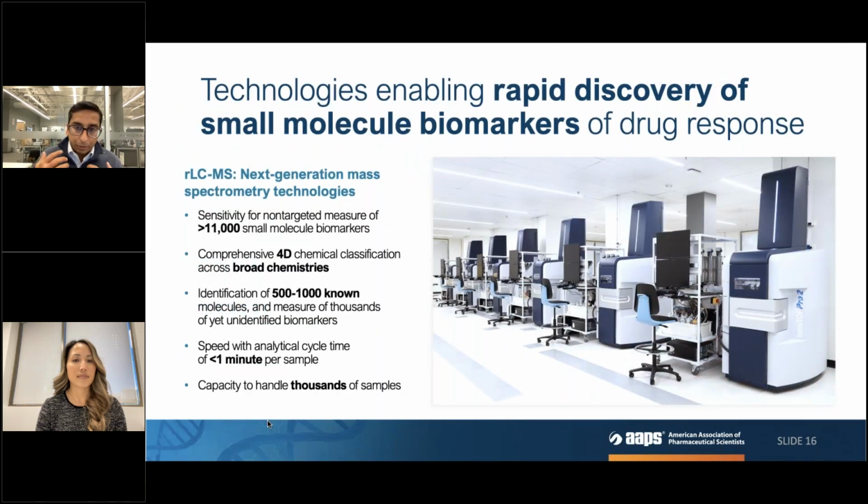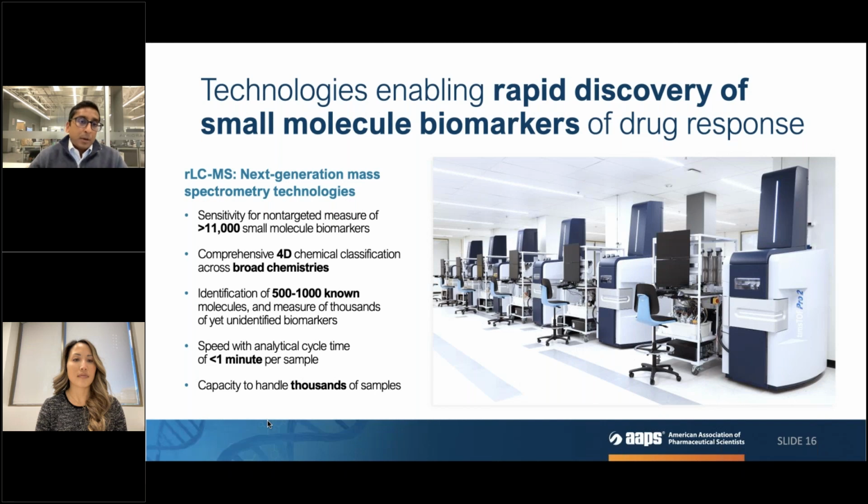Now, this is not a particularly new idea, and certainly within the literature, there are many people who have used small molecule biomarkers in order to identify key biomarkers of drug response. The challenge has always been, how do we go about measuring these small molecules at scale, in a comprehensive fashion, that allows us to make fundamental discoveries?